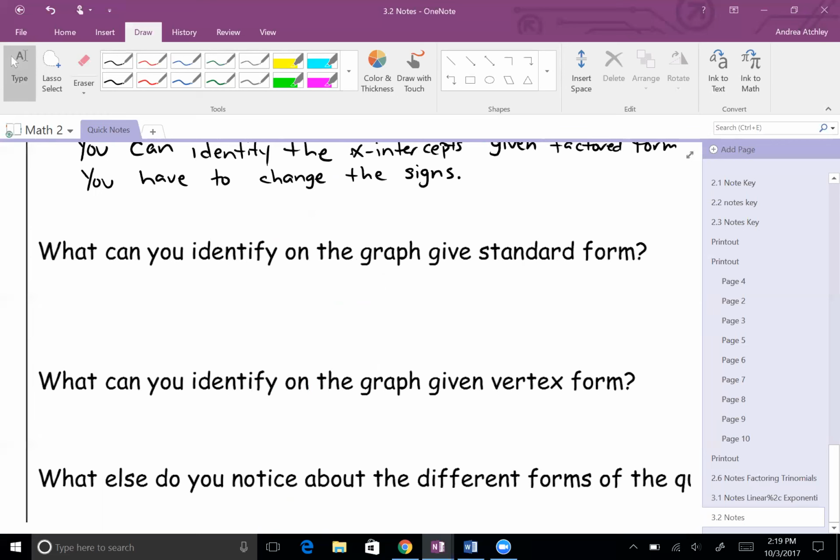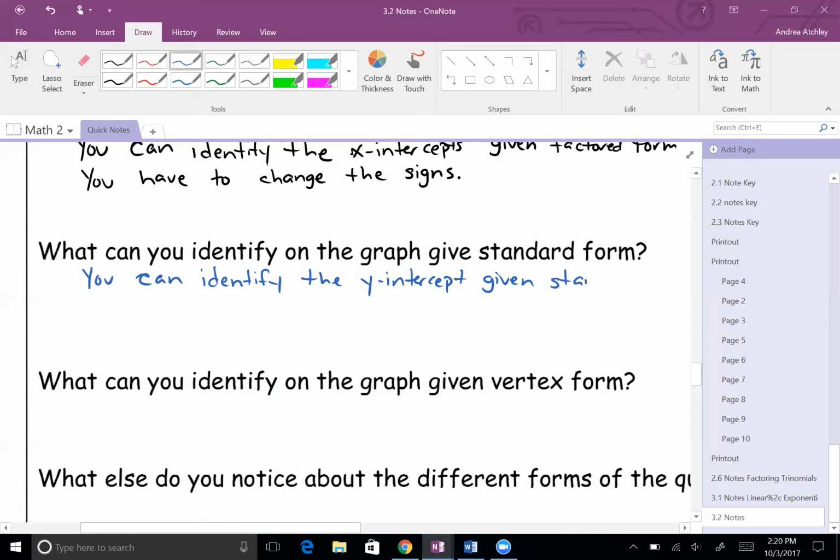What can you identify in the graph given standard form? You can identify the y-intercept given standard form.